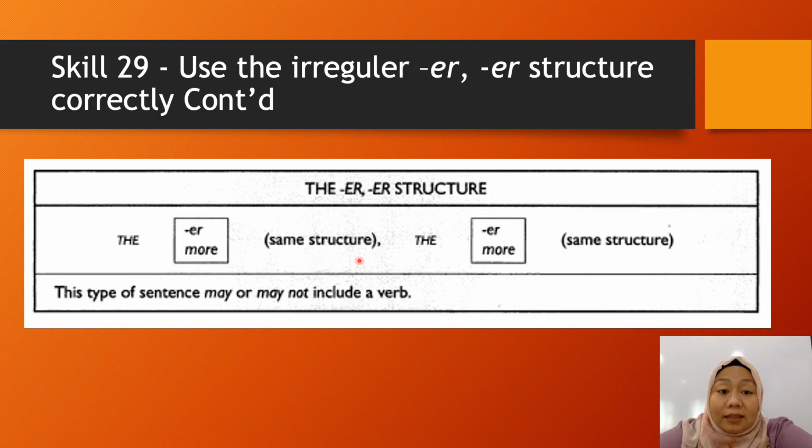You remember the example in the previous slides, so you combine the same structure with the comparative. Let's take a look at some examples in a TOEFL test for skills 27 to 29.